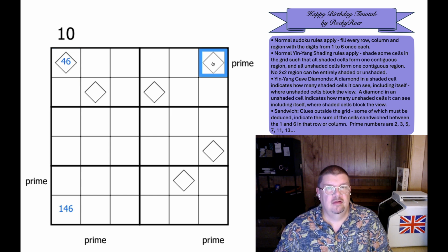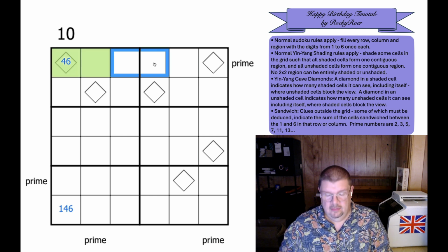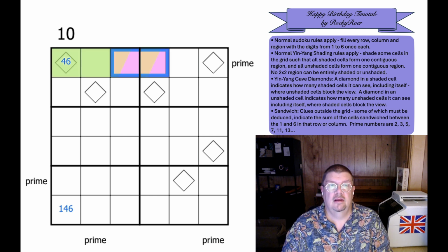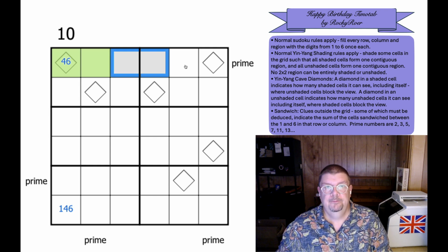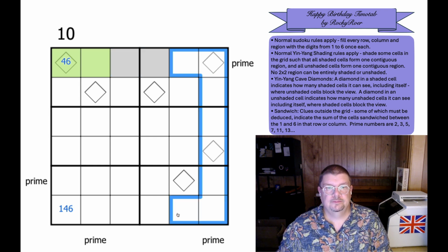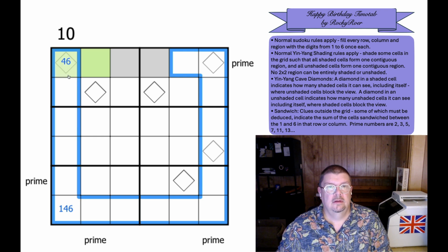Doesn't necessarily make this a different color from that, because it could be that that is green, that's gray, and all of this is green. Maybe. Okay, well, actually, that doesn't work because that would then say 7.